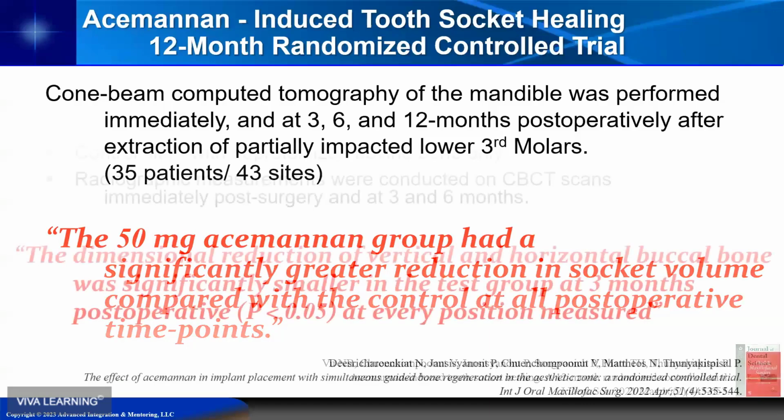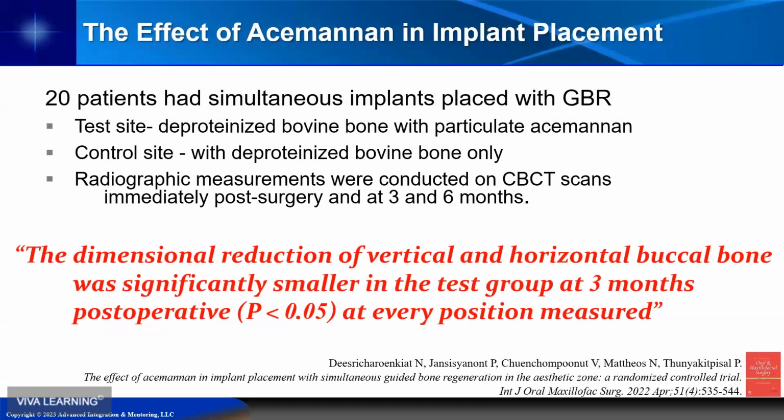And looking at it around implants, it's been shown that the dimension and reduction of the site was significantly smaller on areas that were treated with the Ace-Mannan as part of the implant placement. Comparing using just bone grafting by itself or bone grafting using bovine bone with an Ace-Mannan containing material gave a significant improvement on the outcomes.